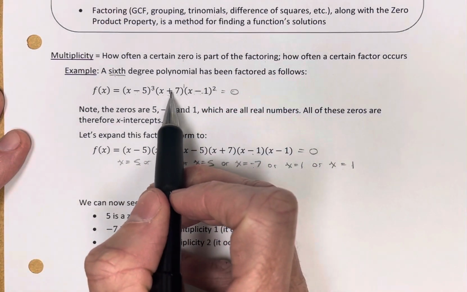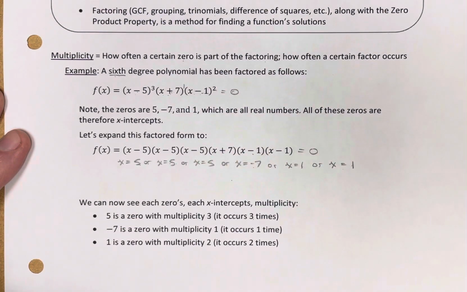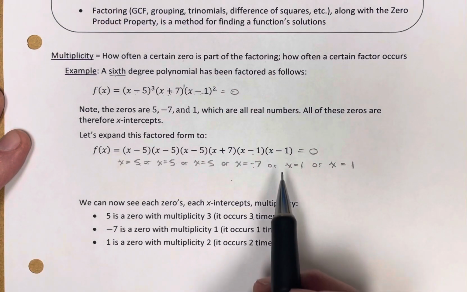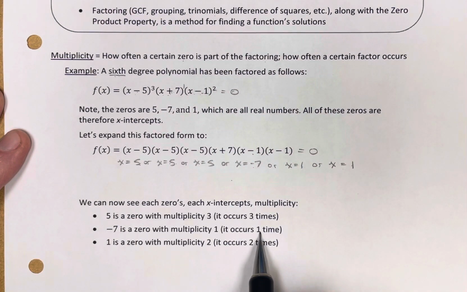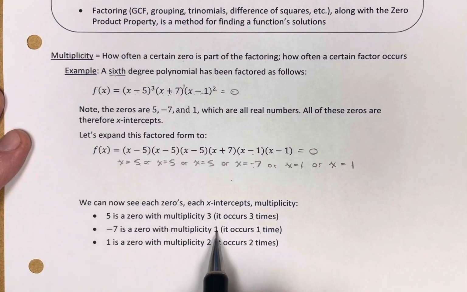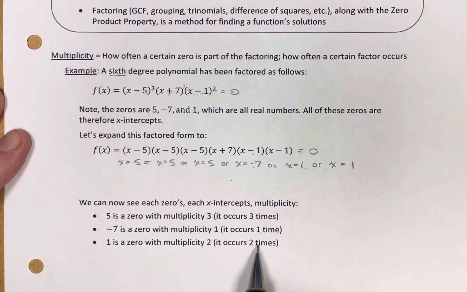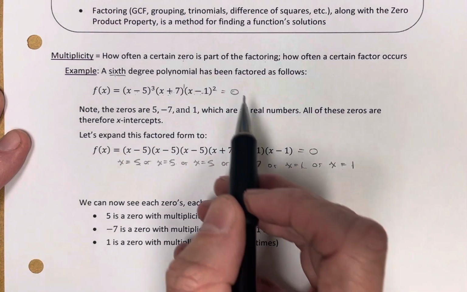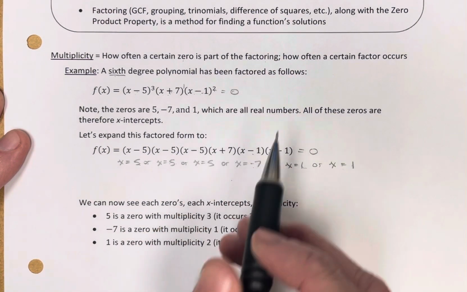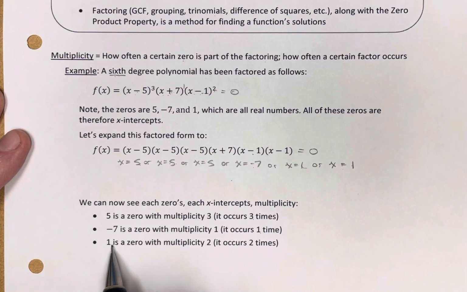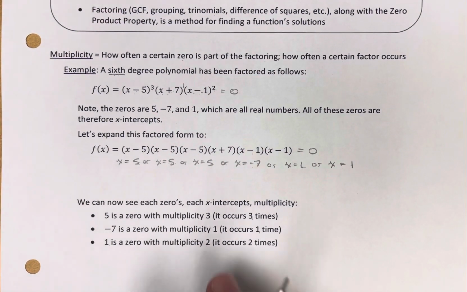We don't usually write a 1 exponent, but there's always a 1 there. So the -7 occurs once. It has multiplicity of 1. The 1 occurs twice. There's the 2 exponent for the 2 occurrences. Therefore, the 0 of 1 has multiplicity 2.